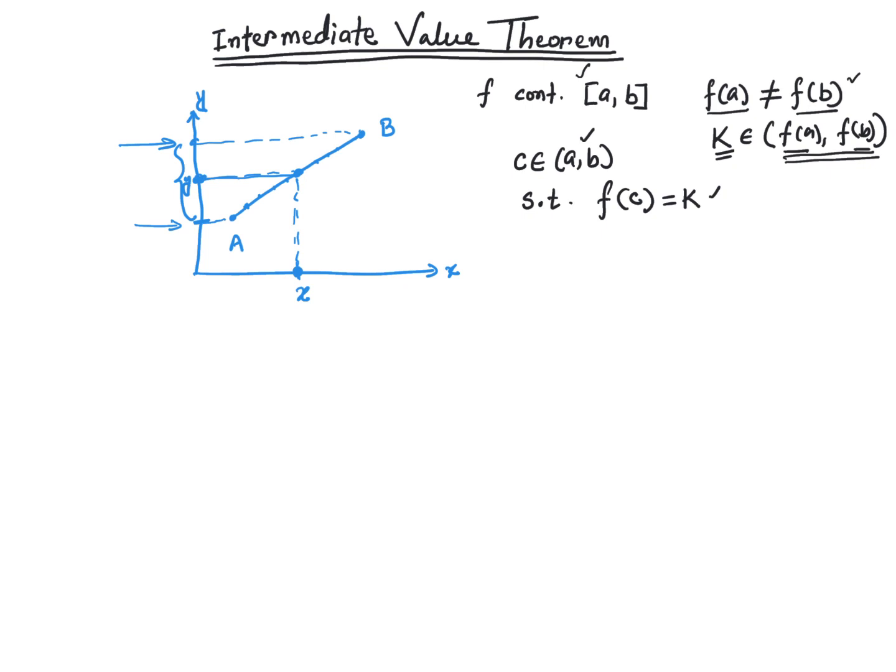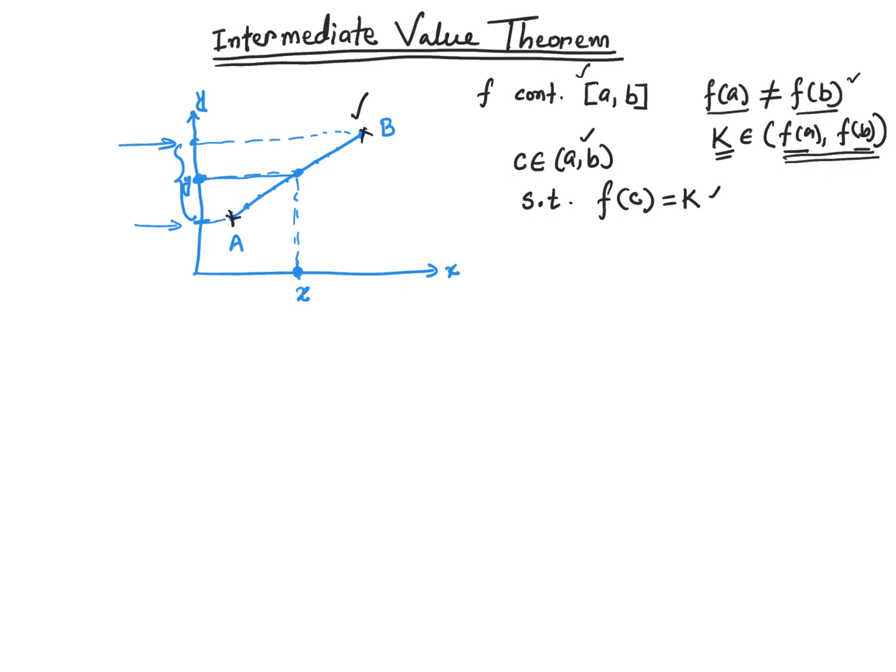However, for you to remember this, always think of this example. Very simple example. You're going from point A to B on a straight line. To go from point A to point B, you have to go through every single point in between A and B. So it's an example of a continuous function.